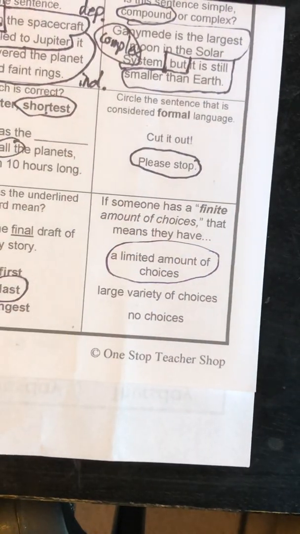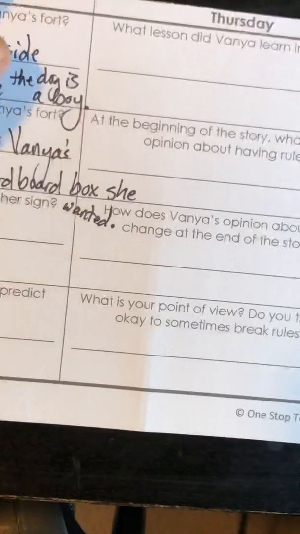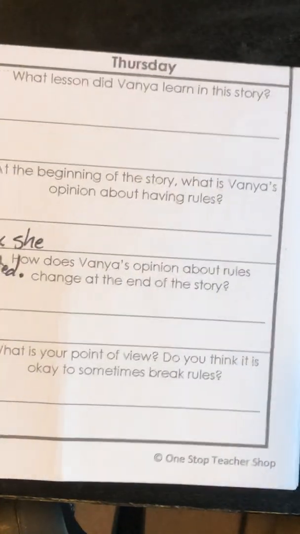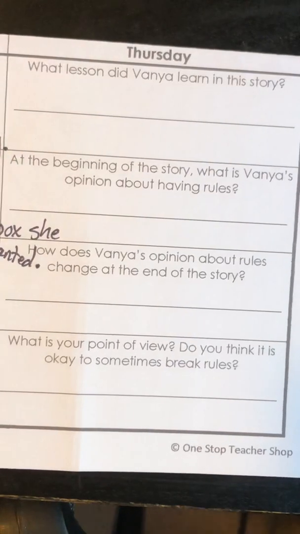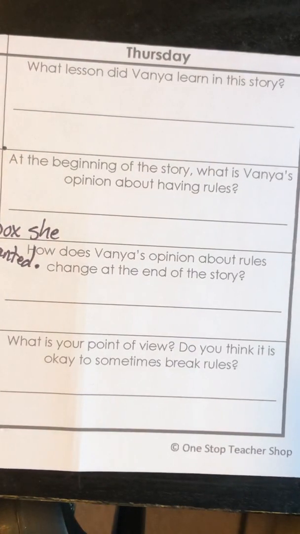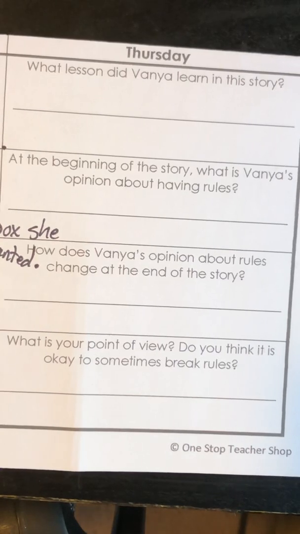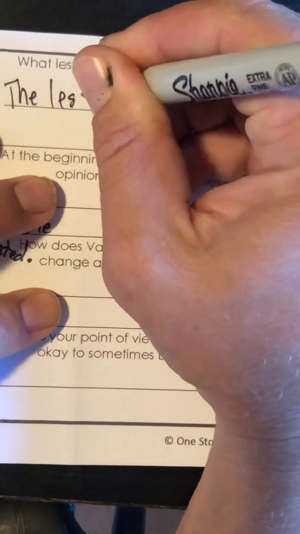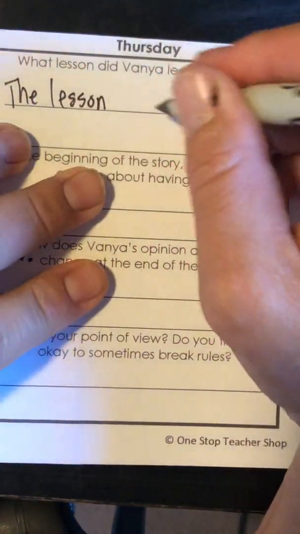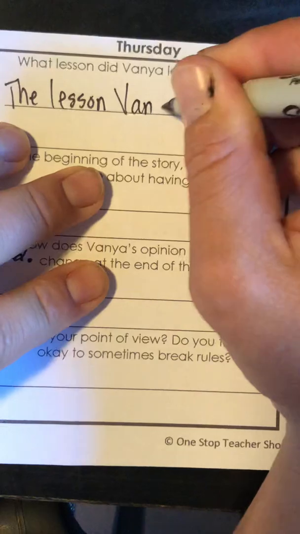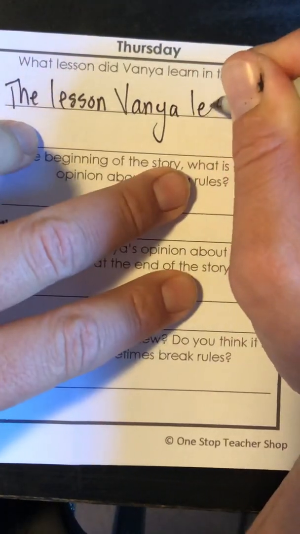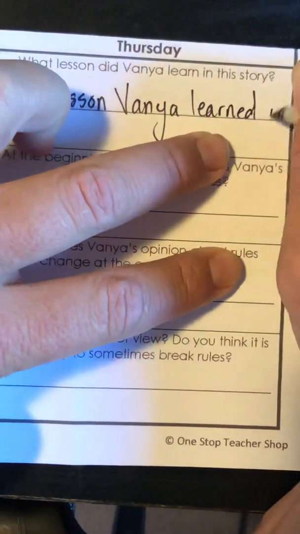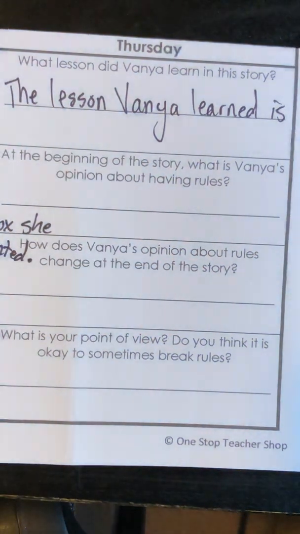Okay. All right, let's go ahead and take a look at the comprehension. You're going to choose two here that you want to do. What lesson did Vanya learn in this story? Make sure you are doing complete sentences here in your responses. The lesson Vanya learned is... what do you guys think?